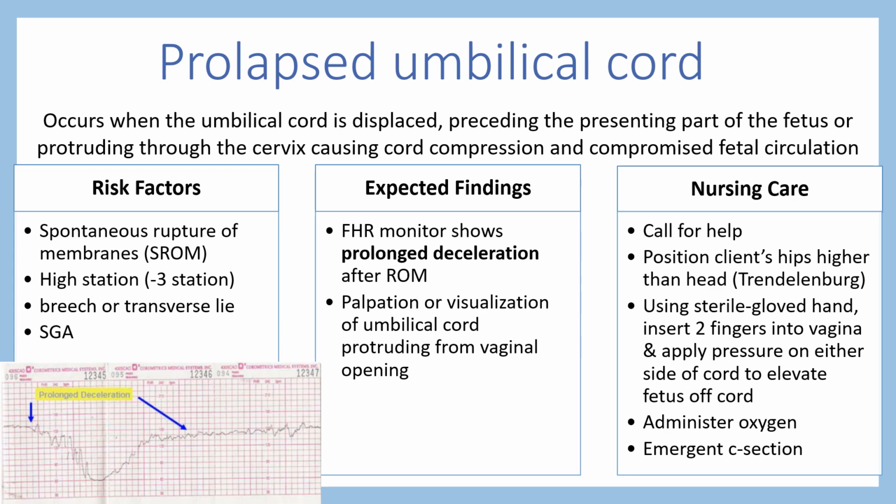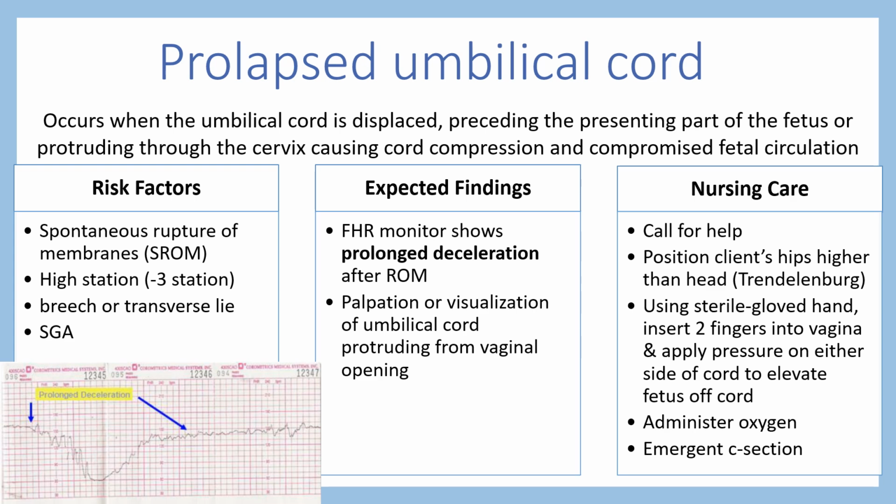The nurse's priority is to assess the fetal heart rate after a spontaneous rupture of membranes. If the nurse observes a prolonged deceleration after a rupture of membranes, this is a positive assessment finding of a prolapsed umbilical cord.